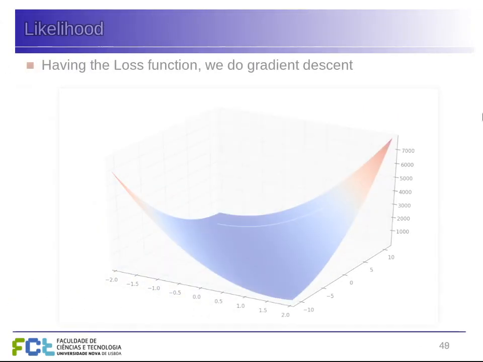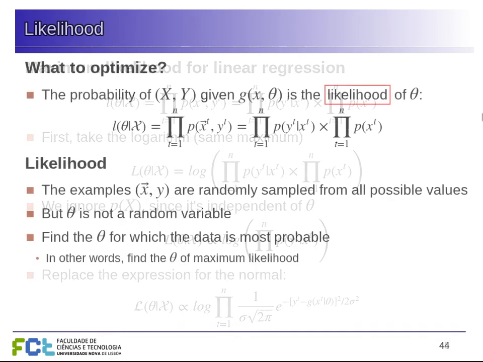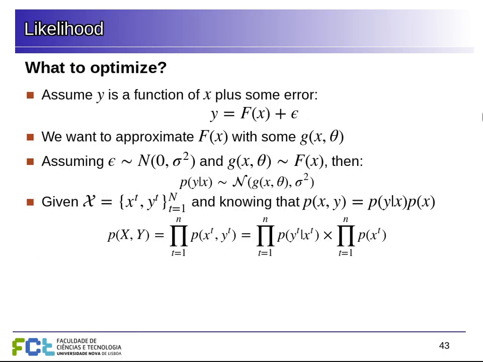Going back here to the linear regression problem, this would be the family of probability distributions, because the function we have there is what we're trying to approximate with our model, and then we have this normal distribution around those predicted values.